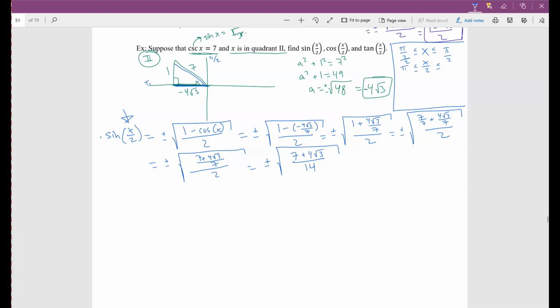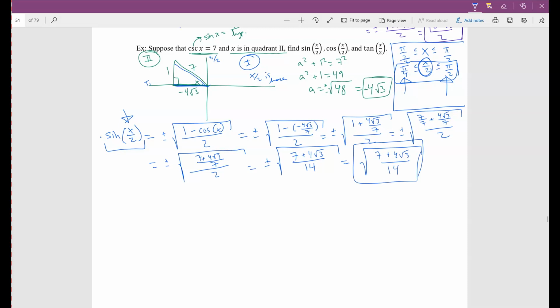This is going to give me pi over 4, and it's going to give me pi over 2. Which means this x over 2 is between 45 degrees and 90 degrees, which is in quadrant 1. So that tells me that this x over 2 is here in quadrant 1. And in quadrant 1, everyone is positive. So this guy is going to be positive. Okay, so we're going to leave it as is.